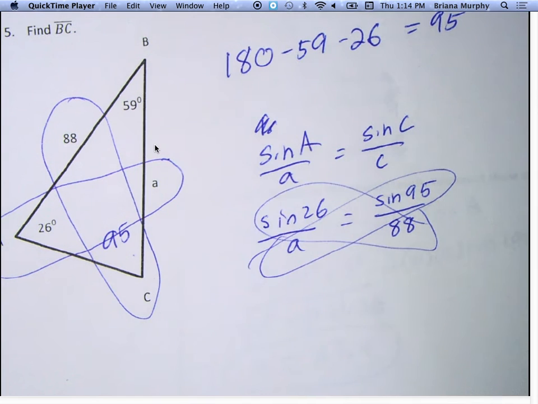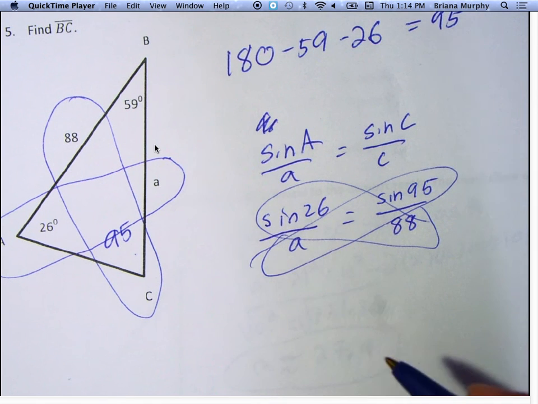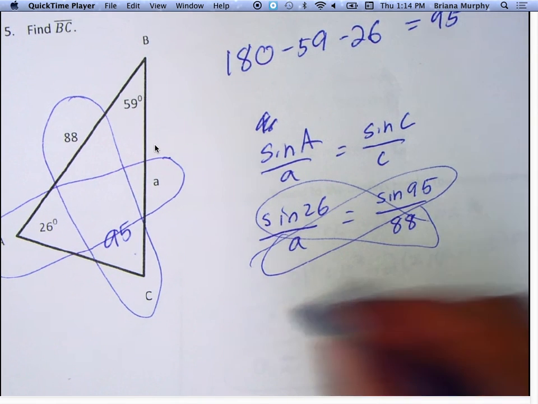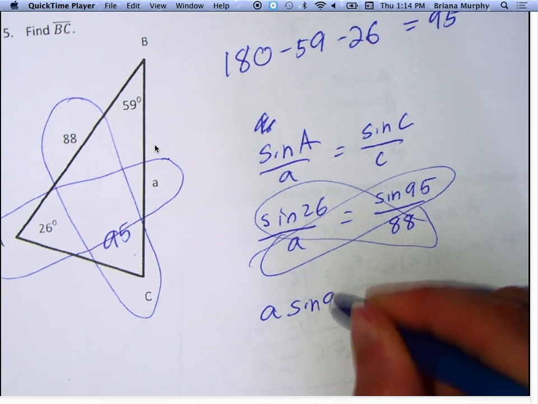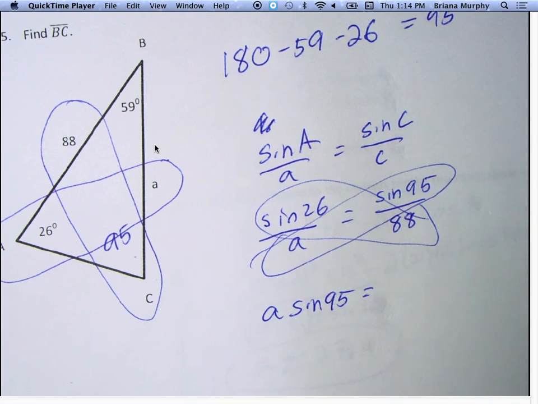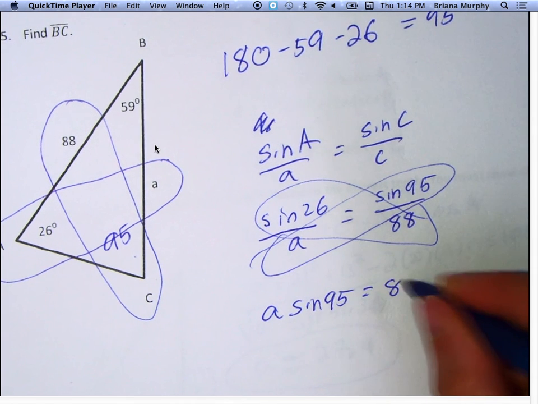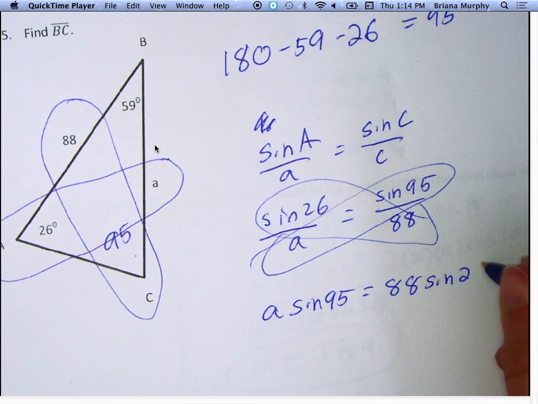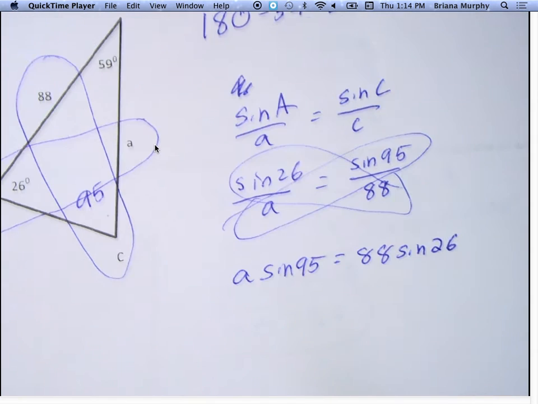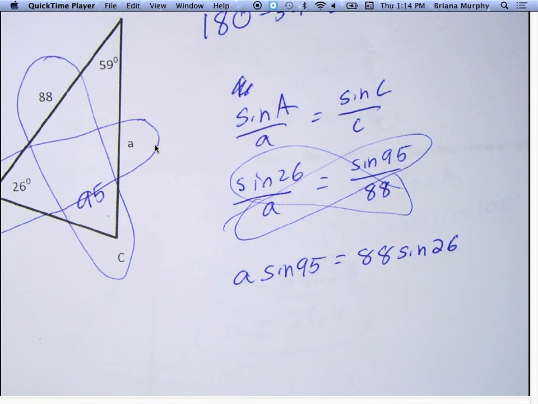Okay. Anybody want to tell me what I'm going to write down? A sine 95. Good, Lawrence. Equals 88 sine 26. Okay. Right now, do you think I'm going to have to use an inverse? Yes or no? No. Okay. What is my next step? Divide by sine 95.